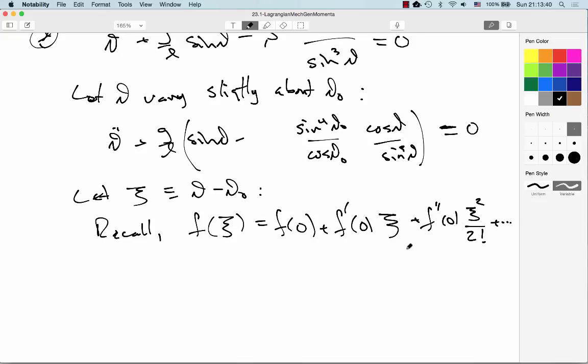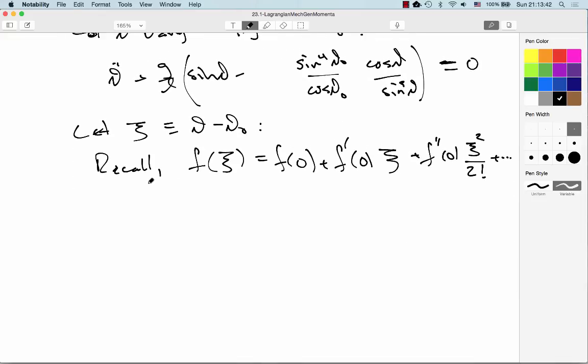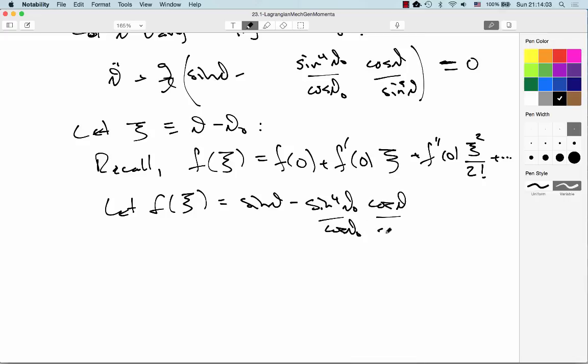So we will let our f of xi be equal to our sine theta minus the stuff in parentheses from up above: sine to the 4 theta naught over cos theta naught, cos theta, sine cubed theta, right?